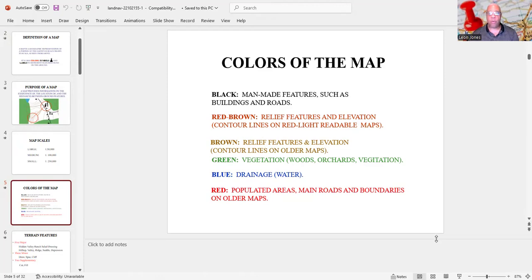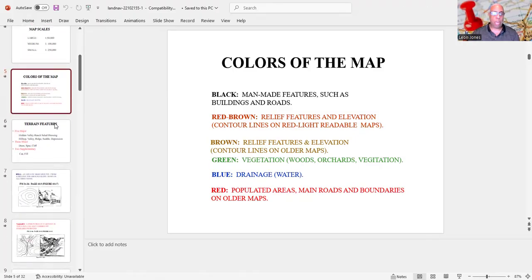Then if you have green, it's vegetation, such as your woods, orchards, and vineyards. Then you also have your blue, which is drainage or water. And then red, populated areas, main roads, and boundaries on older maps.